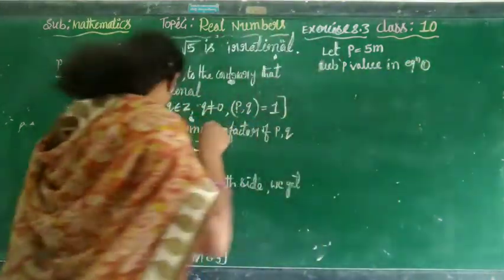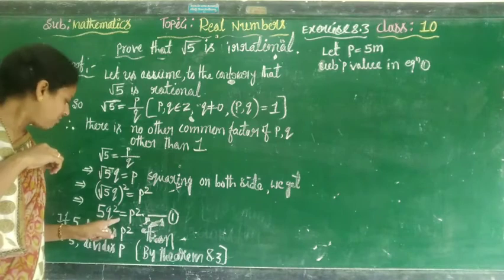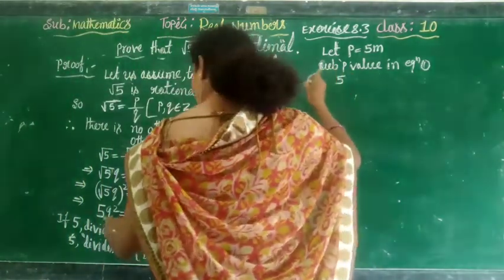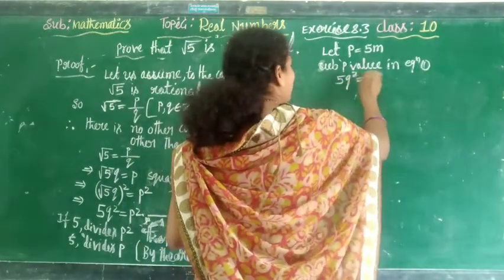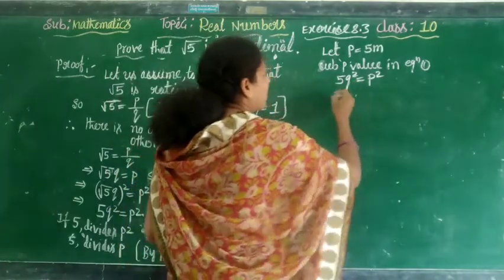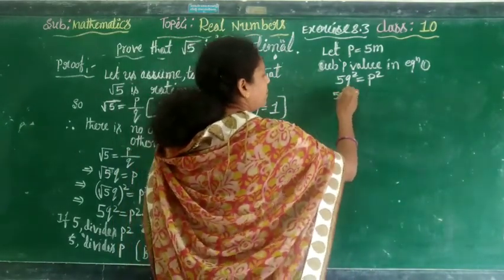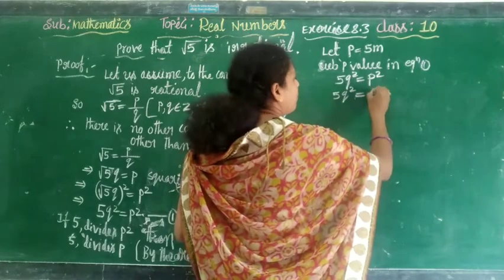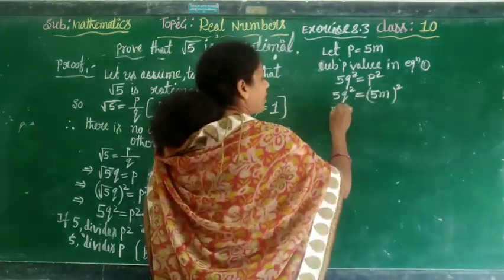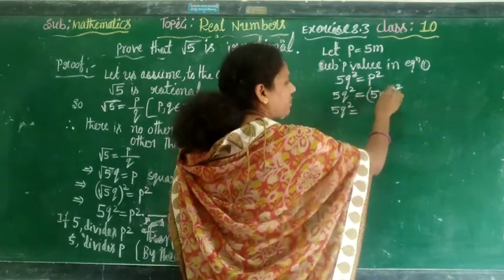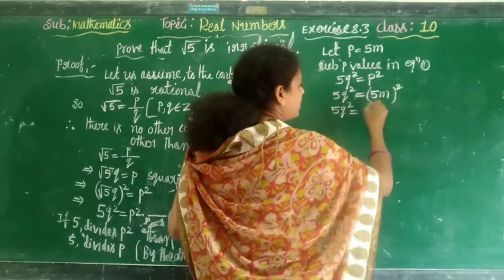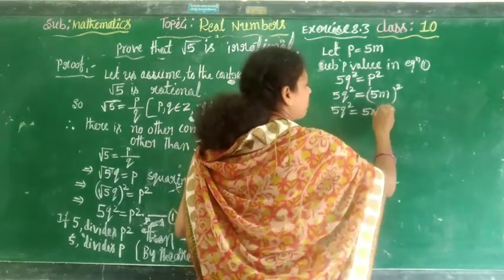So the equation is 5q square is equal to p square. So 5q square is equal to 5m whole square. 5q square is equal to 5 5s are 25, 25 m square.